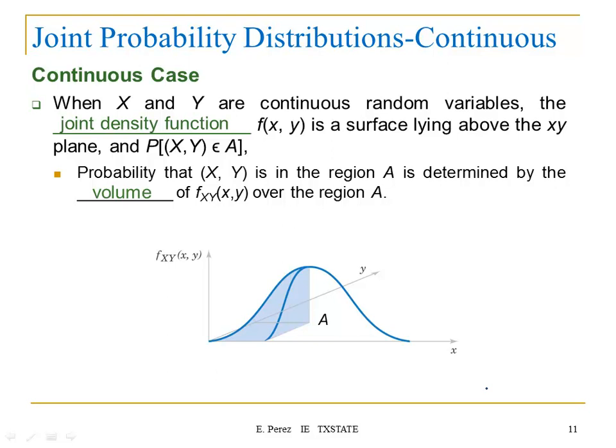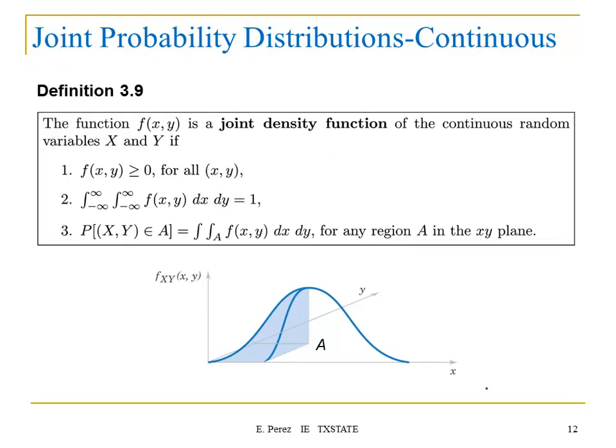Okay, so for the continuous case, the formal definition from your textbook: the function f of x and y is a joint density function of the continuous random variables x and y if, same conditions as for the discrete case, the function has to be greater than or equal to 0 for all outcomes. The double integral of the function over x and y has to be equal to 1, which tells you that the total probability for the two variables is equal to 1.